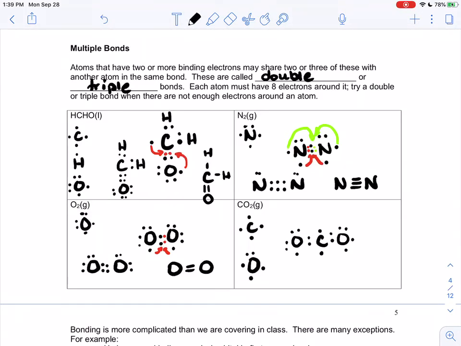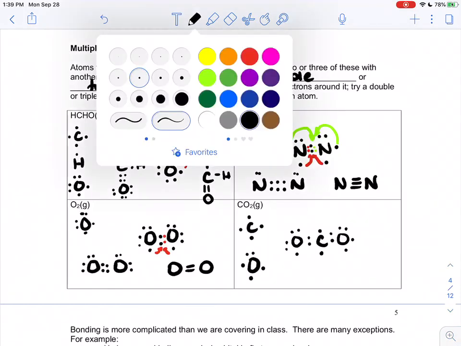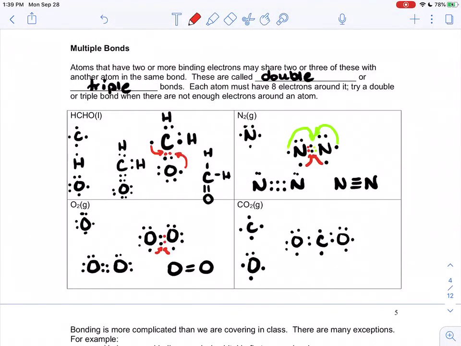All right, so there they are. And you can see again that nothing is full right now at the moment. They all are missing electrons to have a full valence. So this oxygen and the carbon are going to share 1 pair of electrons. This oxygen and the carbon are going to share this pair of electrons.